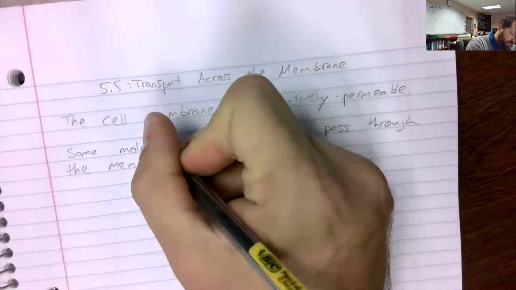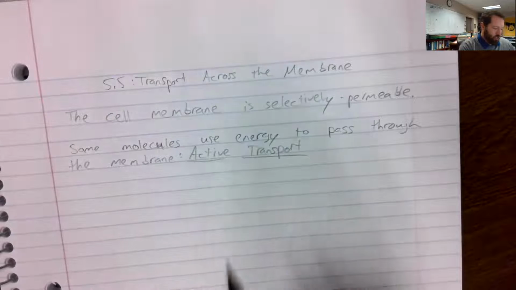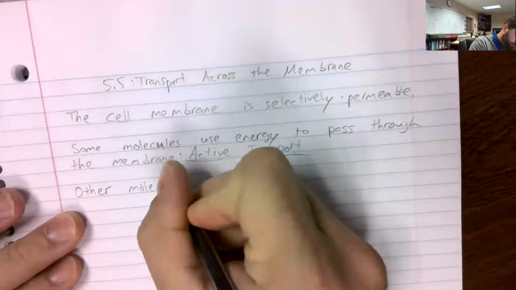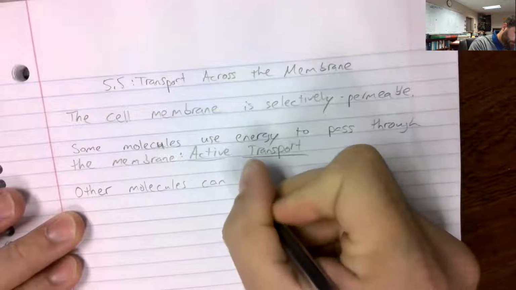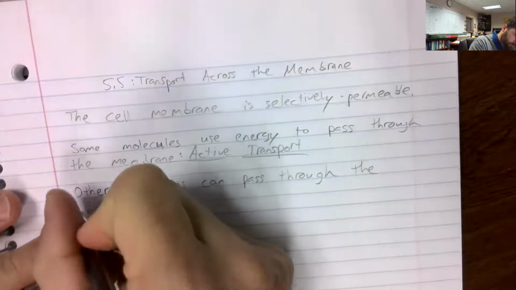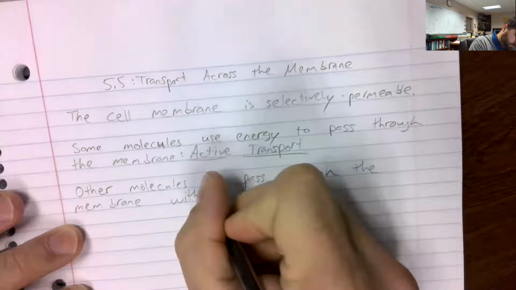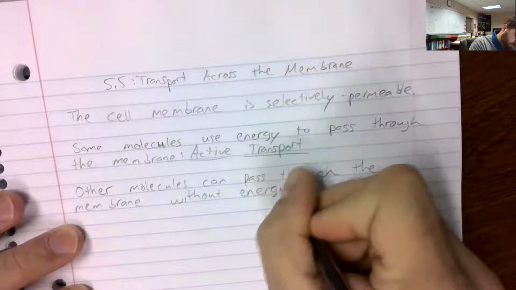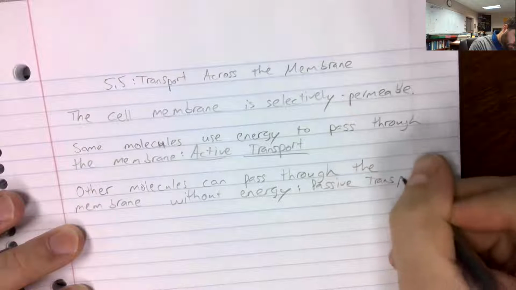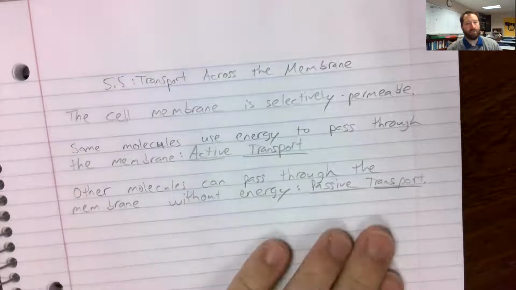Sometimes molecules need energy to pass through the membrane, in which case that's known as active transport. Other molecules can do it without energy, and this is known as passive transport.